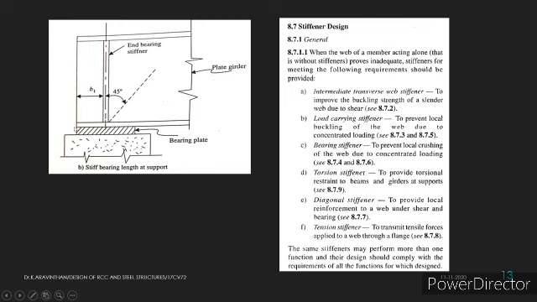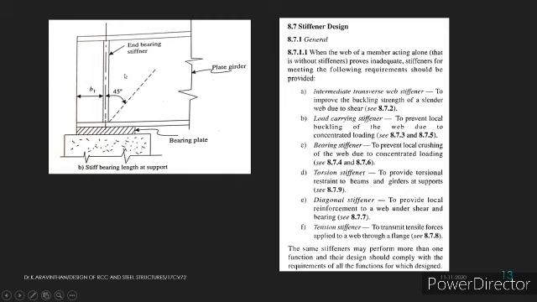At the end of the plate girder, you can see that this is a pier, which I said earlier. In this pier there will be a bearing plate, and at the end of the plate girder you will have an end bearing stiffener. All the loads carried by the girder are transferred at this particular point. So this is the pier, the load from the beam will be transferred through this point.